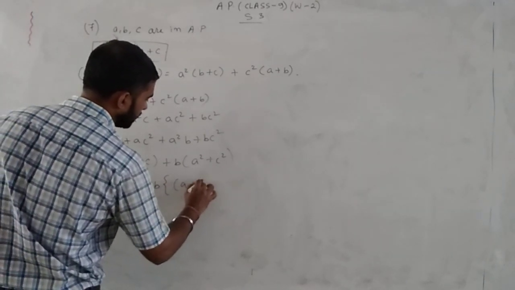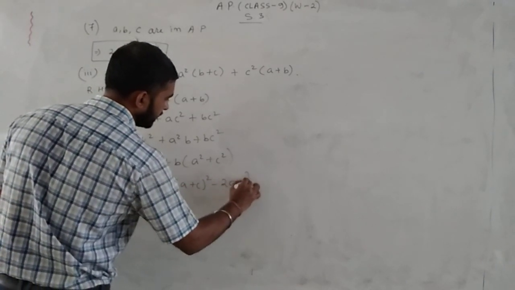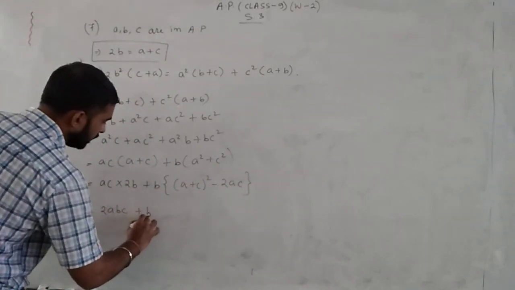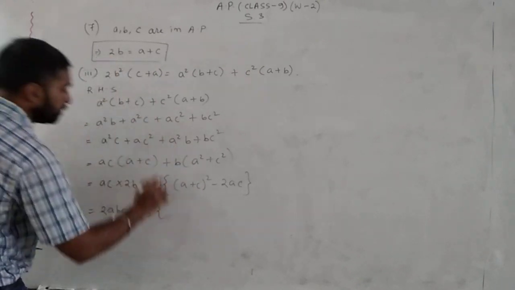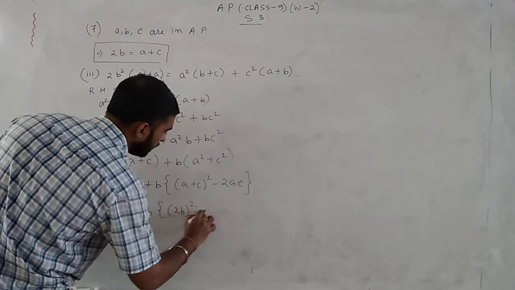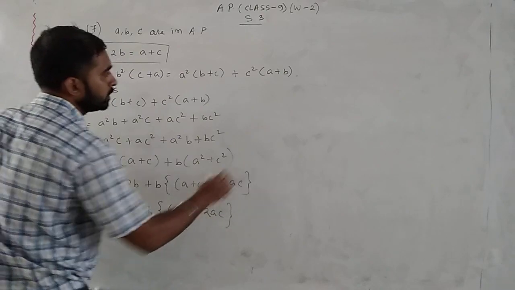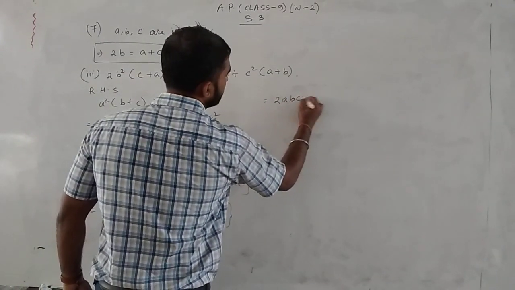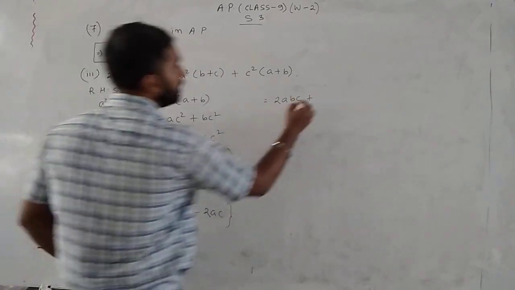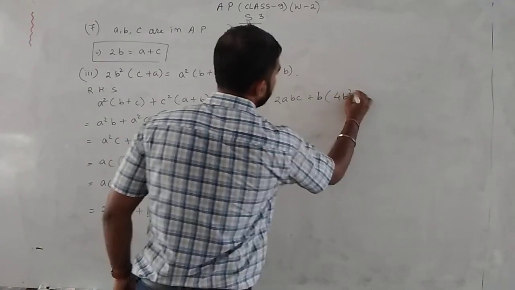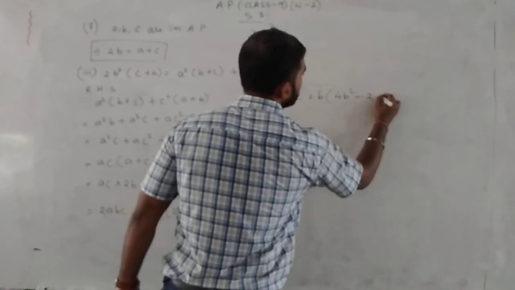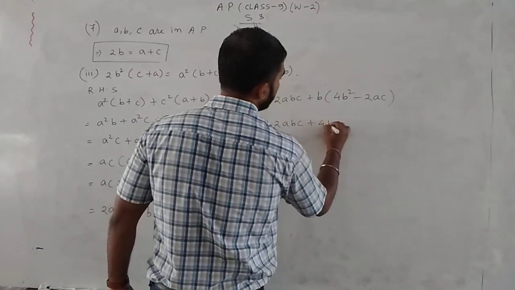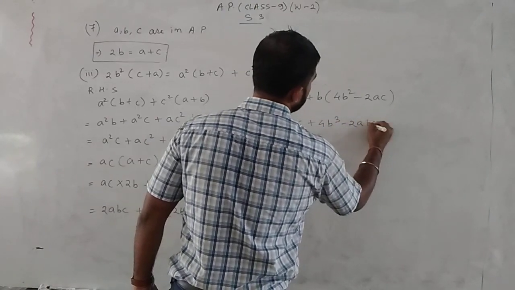Again same as the previous one, a plus c whole square minus twice AC equal twice ABC plus b. This one is twice b, so twice b whole square minus twice AC. After that twice ABC plus b into 4b square minus twice ac equal twice abc plus 4b cube minus twice abc.